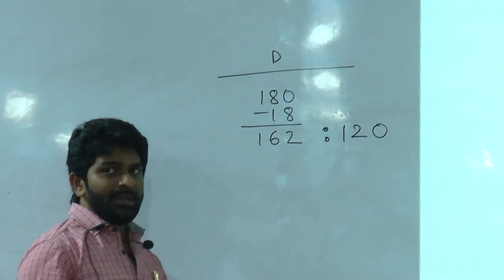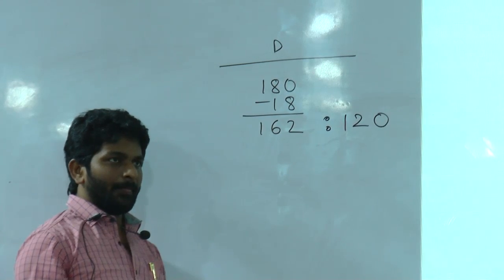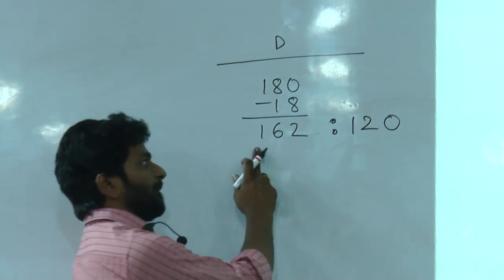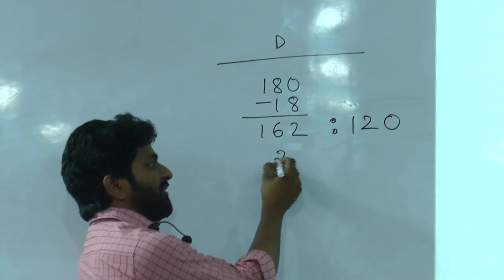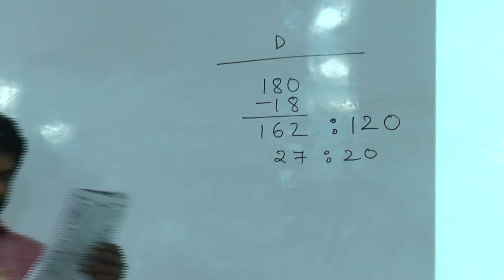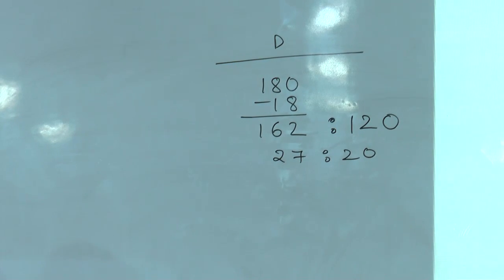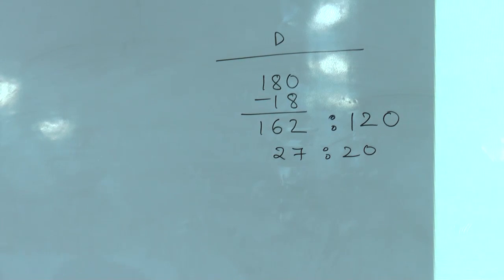Cancellation with only, wait, 6 I think. Cancellation with 6. 6 how many times? 6 27 times. 6 20 times. 27 is to 20. Fourth option. See, both are even numbers and both are divisible by 3. So should be divisible by 6. Any other question? Sure?